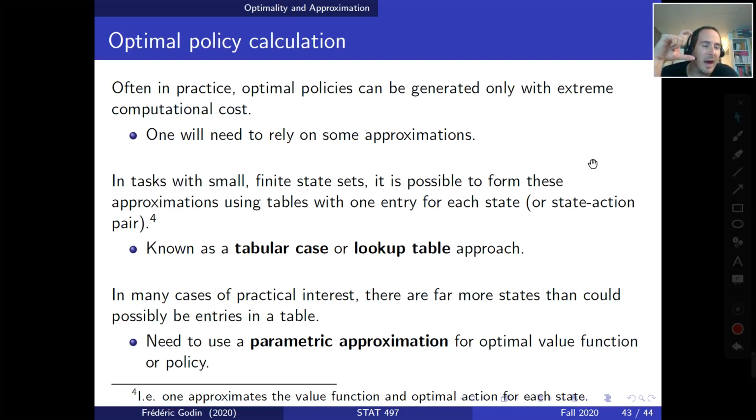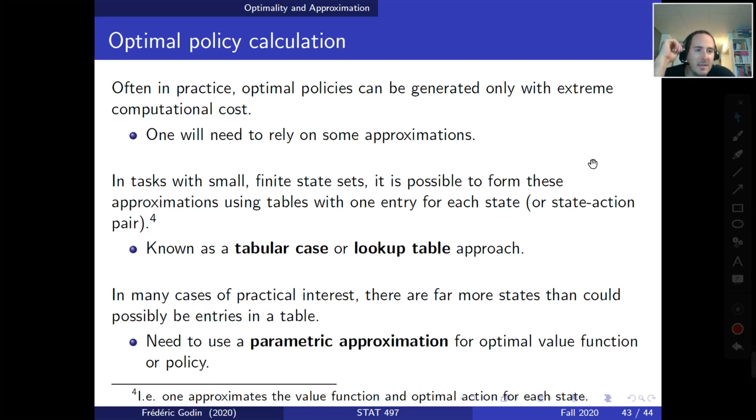Let's say we have 10 states, then we can set up a table in our programming code. Entry 1 of the table would be the approximated value for state 1, entry 2 would be the approximated value for state 2, etc. And you would have 10 entries in that table.